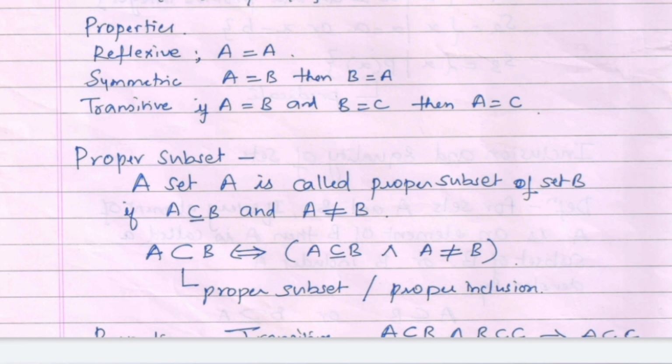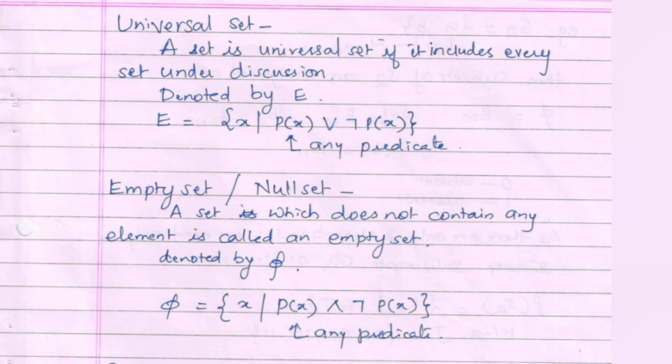Now the next concept is proper subset. A set A is called a proper subset of B if A is a subset of B and A is not equal to B. Next concept is universal set. A set is a universal set if it includes every set under discussion, denoted by that symbol.